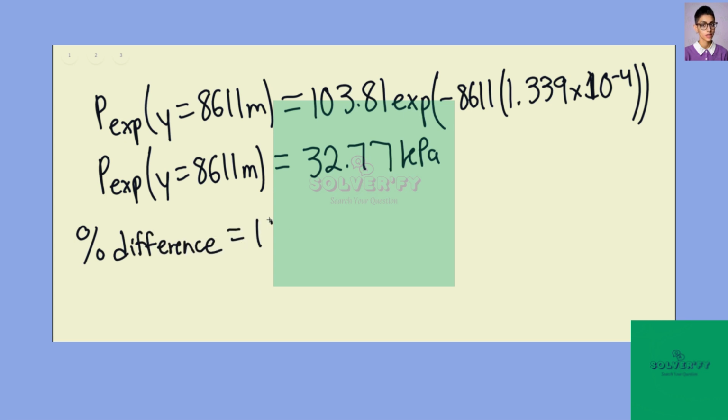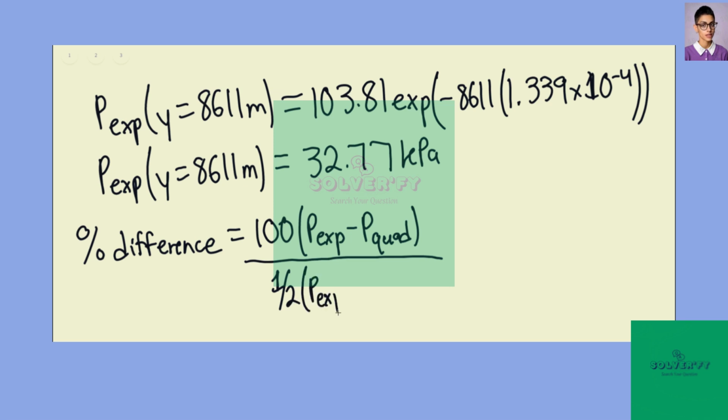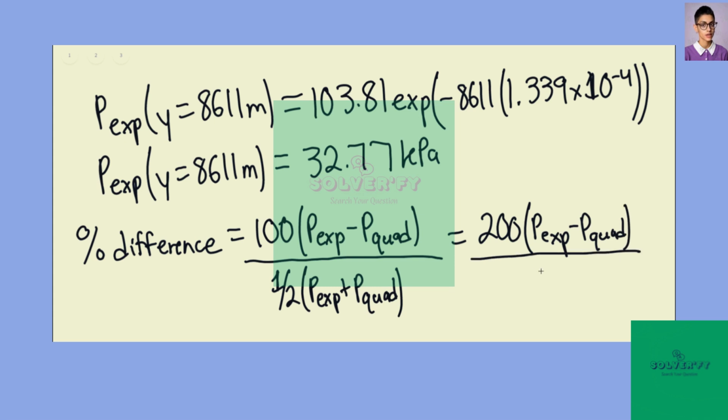So the percent difference would be equal to 100 times the pressure using the exponential fit minus the pressure using the quadratic fit, and then divided by 1/2 times P exponential plus P quad. And so this is going to equal 200 times P exponential minus P quad divided by P exponential plus P quad.